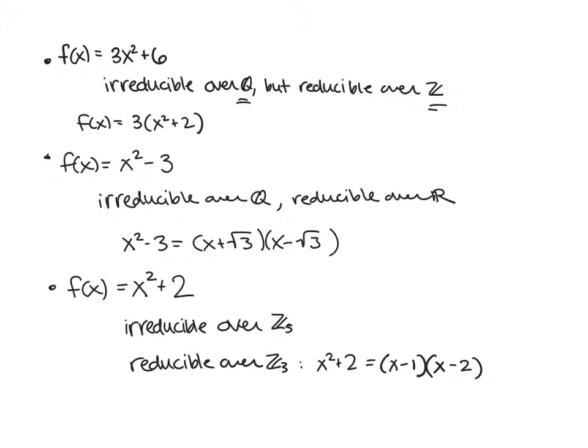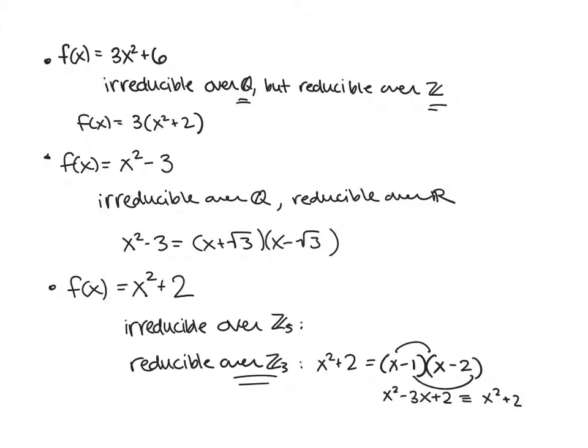That certainly gets your x squared, it gets your 2, and then, if you expanded this fully, you'd get x squared minus 3x plus 2, which of course, if we're working in Z3, that's the same as x squared plus 2. So over Z3, we can factor it, and we were able to factor it because we noticed that we had a 0, right? When we plug in 1, we get out 0, so x minus 1 is a factor.